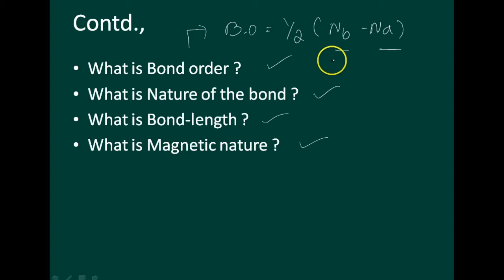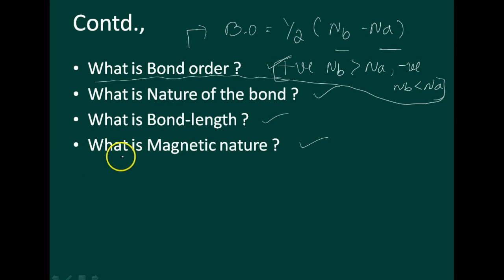A positive bond order results when Nb is greater than Na. It is negative when Nb is less than Na. This is about the bond order.